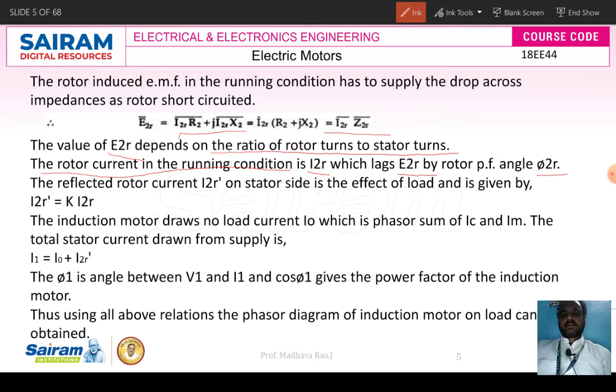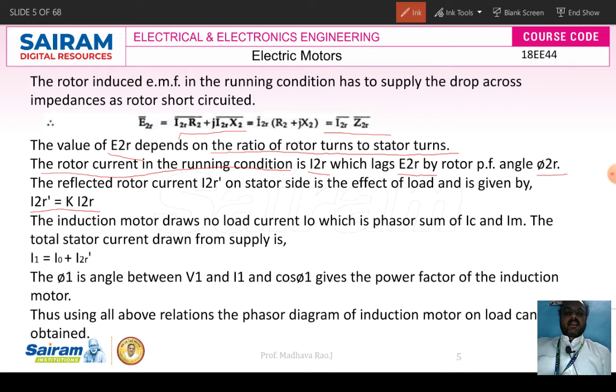The reflected rotor current I2R dash on the stator side is affected by load. Here we are writing the rotor current in terms of the turns ratio. Taking the turns ratio as K, I2R dash is equal to K into I2R.